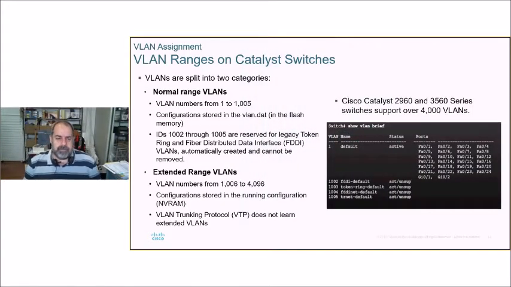Now, Cisco invented VLANs back in the dark ages, as in last century, and they had their own system for it, and they had their own sort of rules. What Cisco calls normal range VLANs are ones that conform with their original standard. So you basically had VLANs numbered between 1 and 1005.